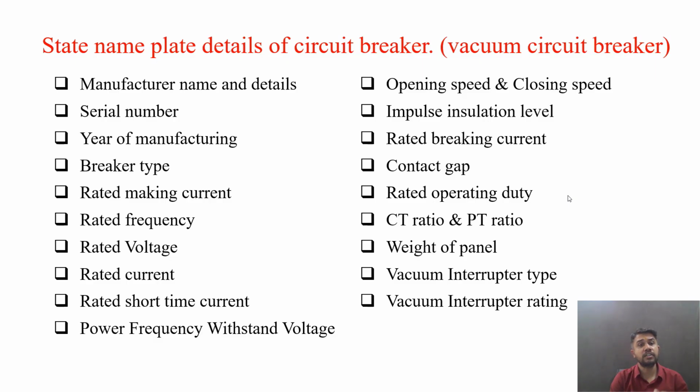First is the manufacturer's name and its details, serial number, year of manufacturing of the breaker, breaker type, rated making current, rated frequency, rated voltage, rated current, rated short time current, power frequency withstand voltage, opening speed and closing speed, impulse insulation level, rated breaking current, contact gap, rated operating duty, CT ratio and PT ratio required, weight of the panel, vacuum interrupter type and vacuum interrupter rating. So these are several ratings available on the nameplate of the circuit breaker.